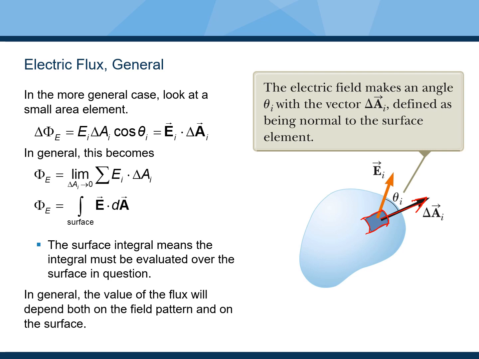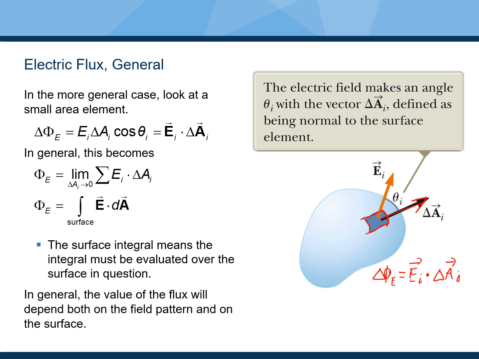You can identify an infinitesimal area where the outward pointing normal is perpendicular to the surface area, and the length of this vector is proportional to the infinitesimal area that you're considering. You can define the infinitesimal flux delta phi sub E as being equal to E_i vector dotted with delta A_i vector.